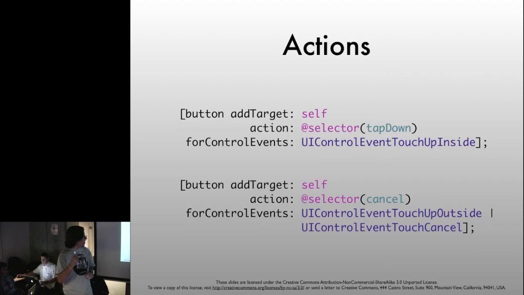If, for example, the user cancels the touch by dragging it off screen, or just lets go outside of the button, that probably means they didn't want to actually fire the button. So you can, for example, send a cancel action. And notice here that for the control events, we've just bitwise OR'd touch up outside and touch cancel.